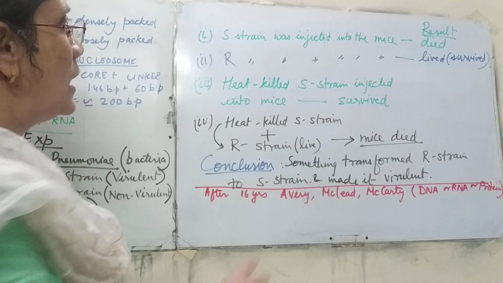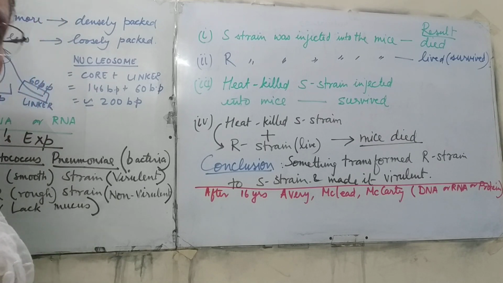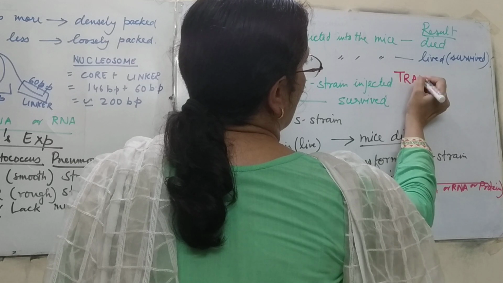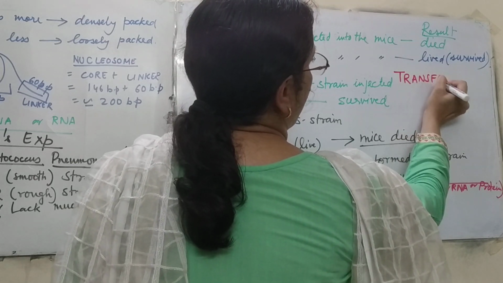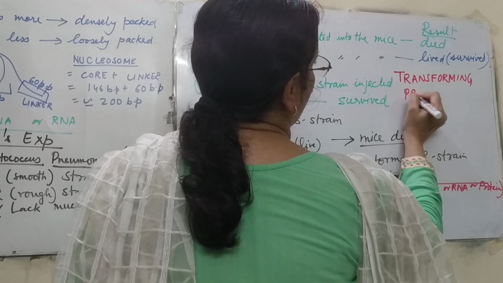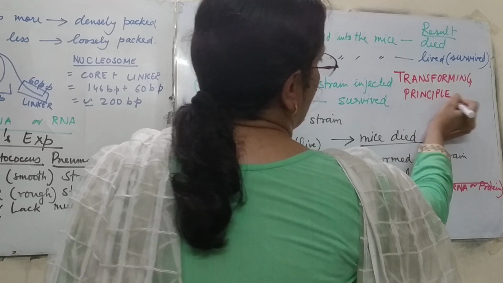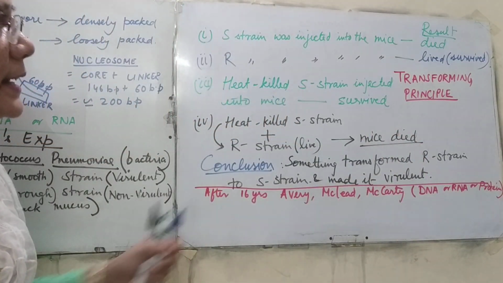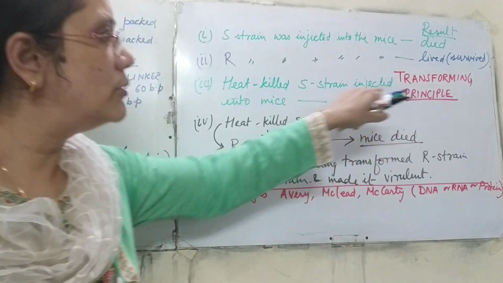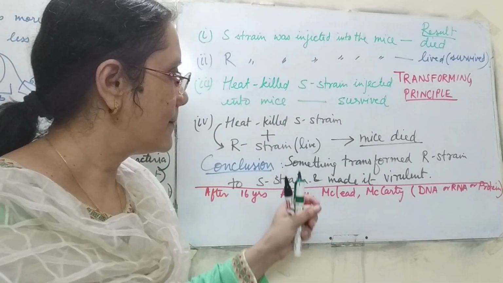Now, this experiment is also known as the transforming principle. Okay, this I did not mention here. Now I am mentioning it. Often, to confuse students, they use this term and ask about the experiment instead of giving the name of the scientist.